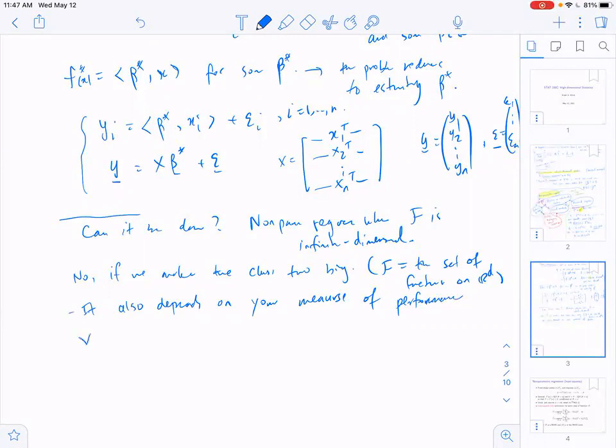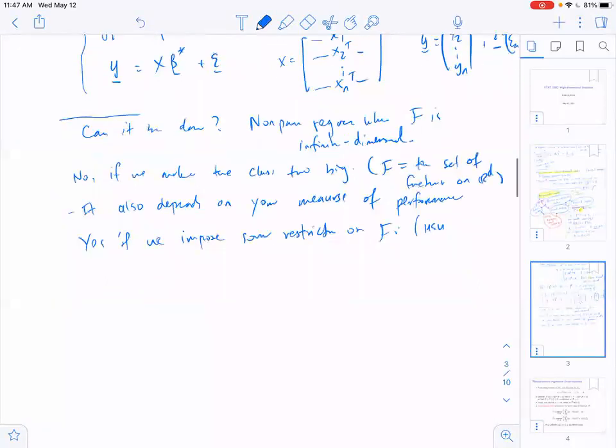But yes, if we impose some restriction on F, and I'll talk about examples of restrictions, usually the restriction comes in the form of smoothness. If I put some sort of smoothness assumption, then I would be able to recover things.